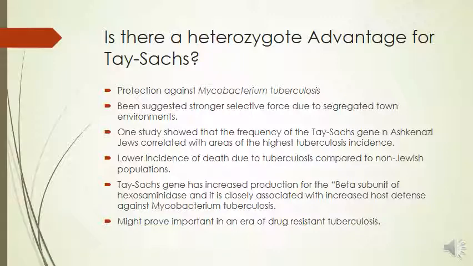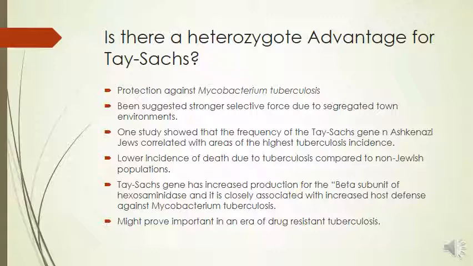Another study has shown that the frequency of the Tay-Sachs gene in Ashkenazi Jews is correlated with areas of the highest tuberculosis incidence, suggesting a protective effect. We do, however, now know that carriers of the Tay-Sachs gene have increased production of the beta subunit of hexosaminidase.